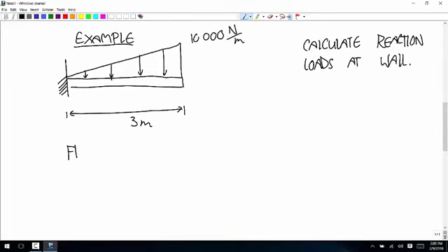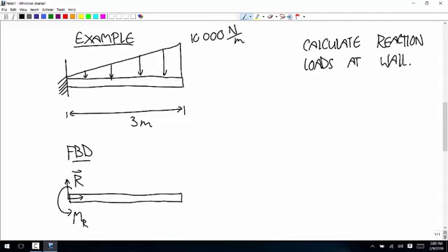Okay, so I'm going to draw a free body diagram of the beam. I didn't give any information about the mass, so we're just going to leave that out. This fixed joint at the wall applies a force vector, call that R, and a couple, I'll call that MR, the reaction moment.